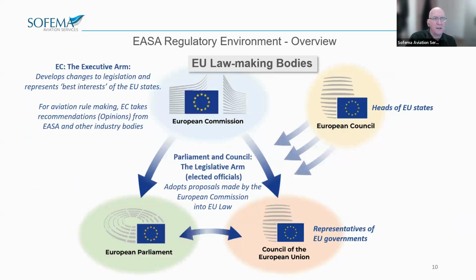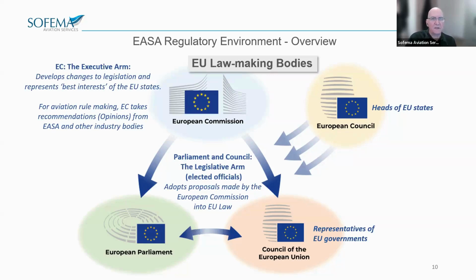Decision-making at European Union level involves various European institutions. In particular, the European Parliament, which represents the EU citizens and is in fact directly elected by them. The European Council, which consists of the heads of state or governments of the EU member states.